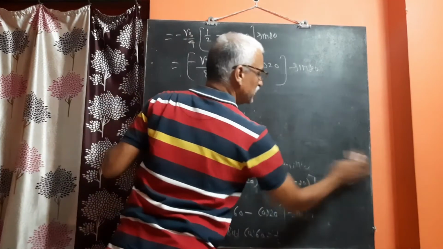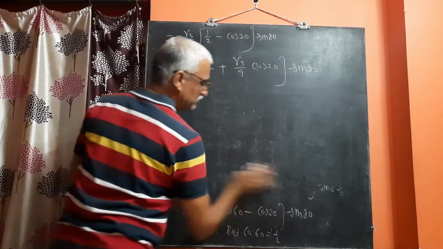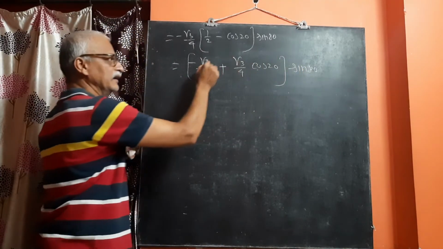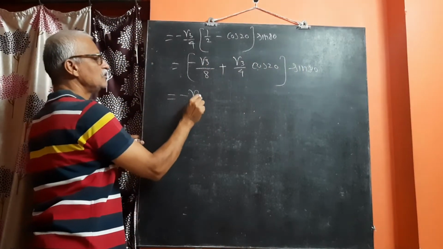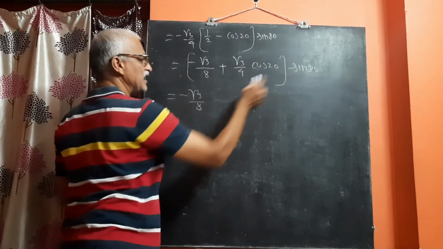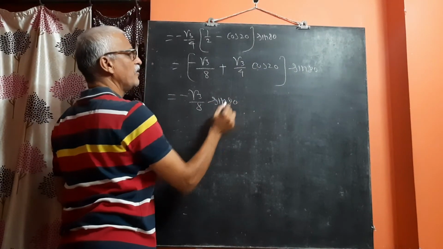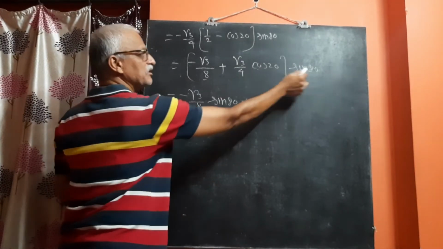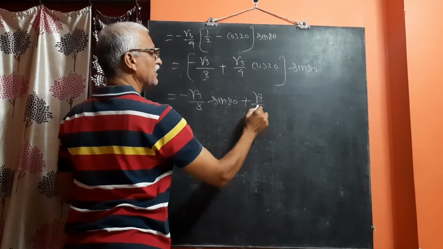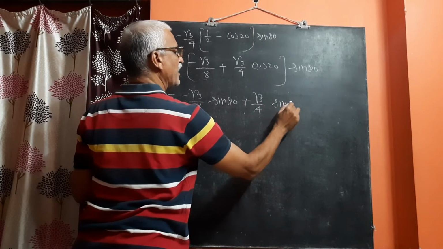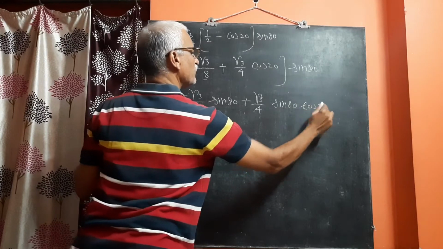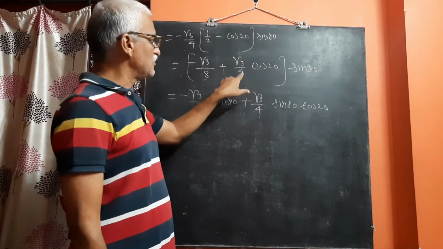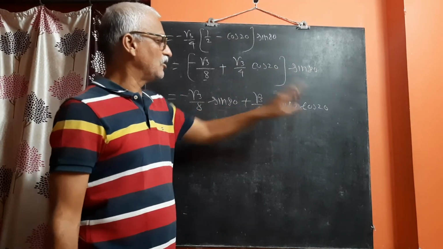Now again, taking sin 80 inside the bracket, this will be minus root 3 by 8 into sin 80 plus root 3 by 4 into sin 80 into cos 20.